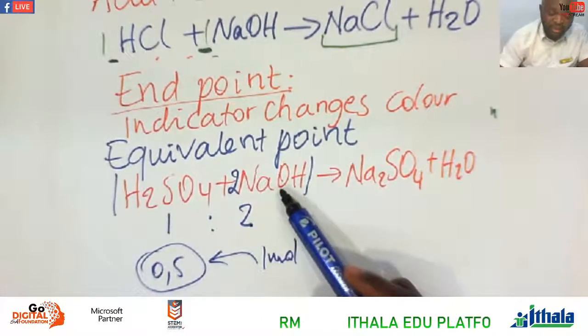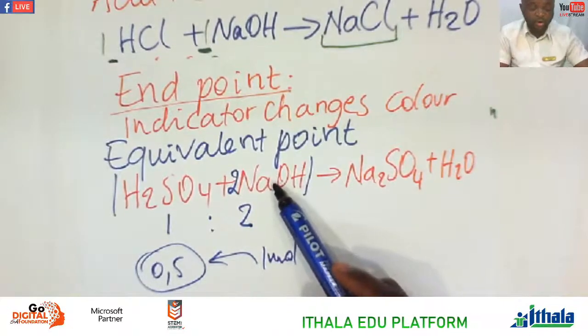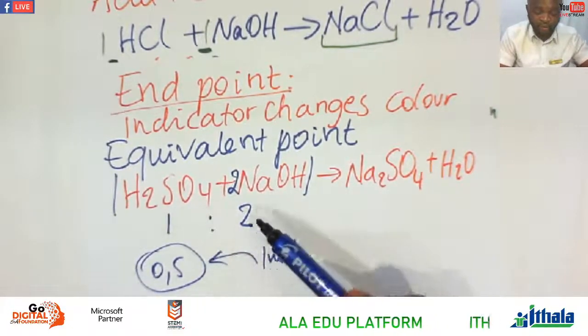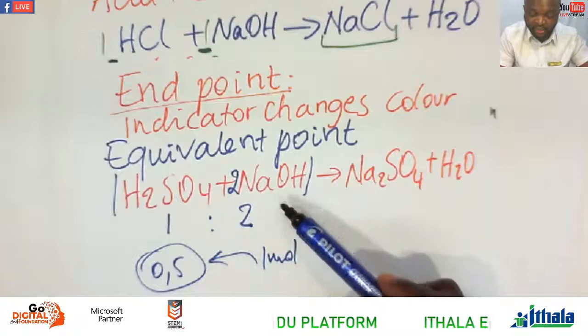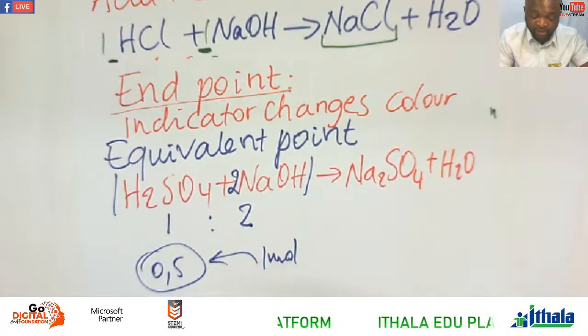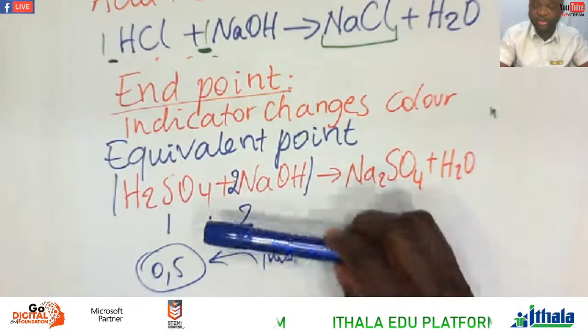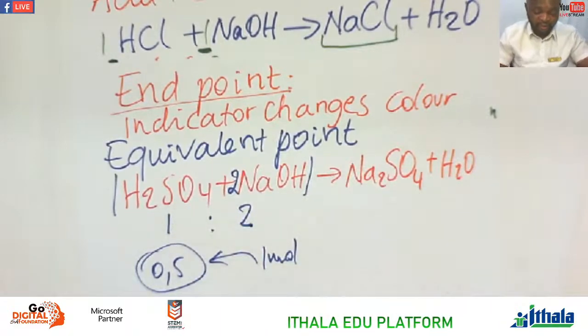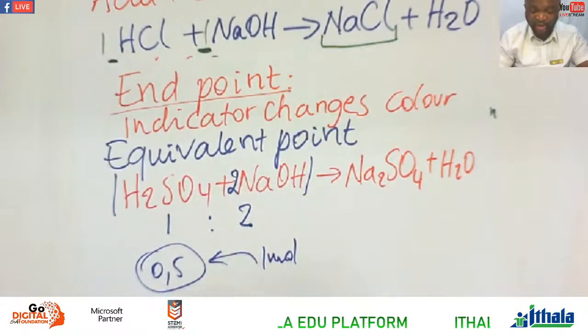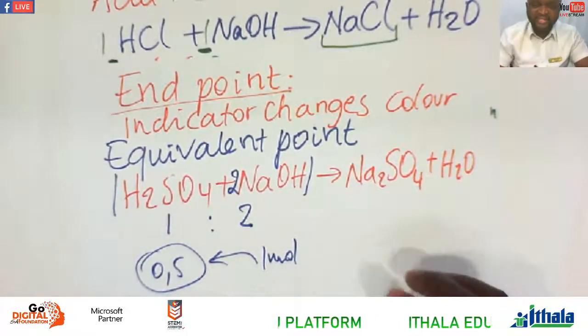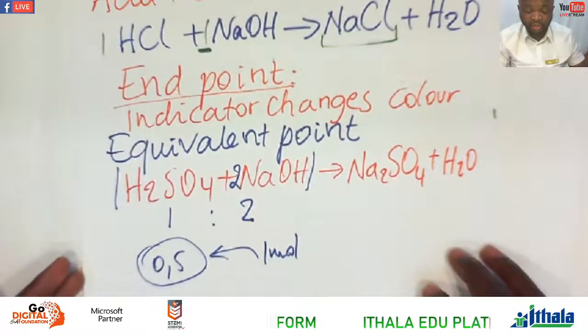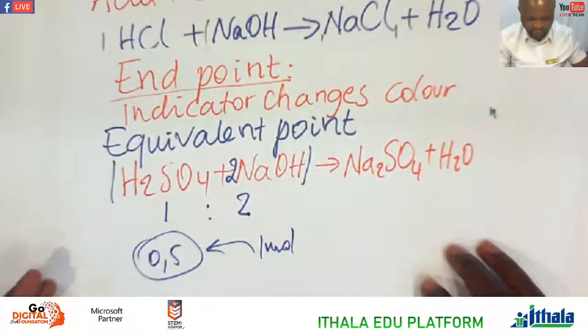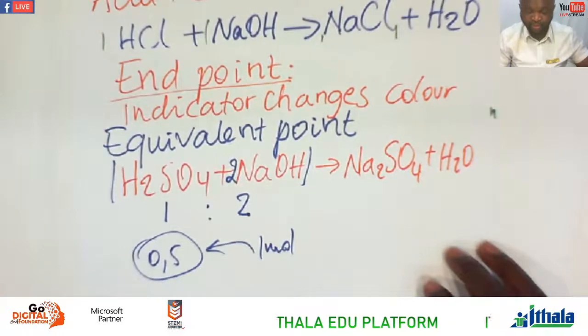It means sodium hydroxide will only neutralize H2SO4 if the number of moles of sodium hydroxide is twice that of the acid. We get this from a balanced chemical equation. So every time you use titration, you must look at a balanced equation. If the equation is not balanced, you will have a problem.